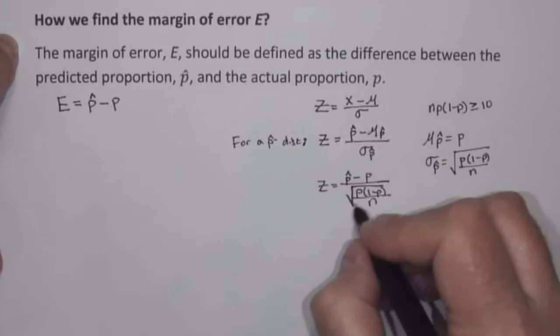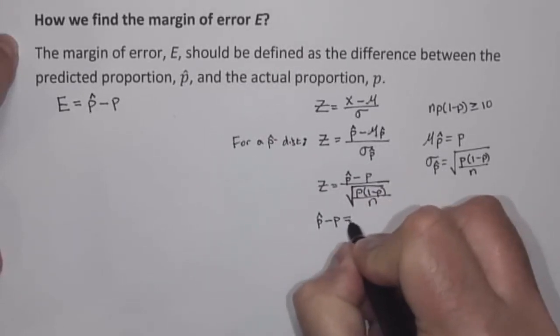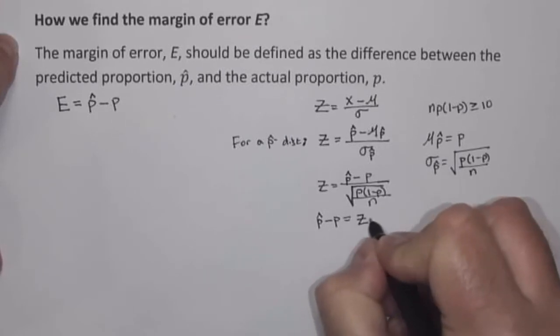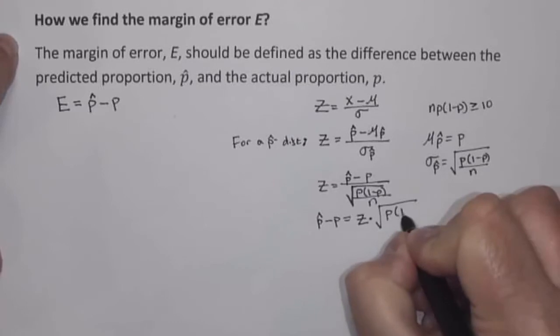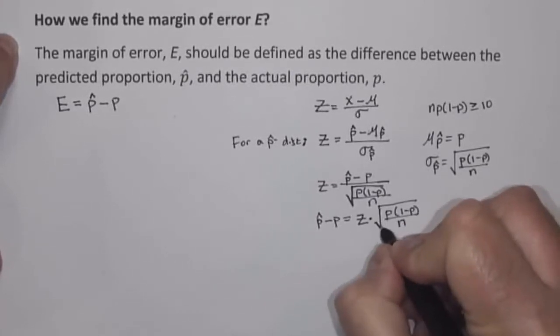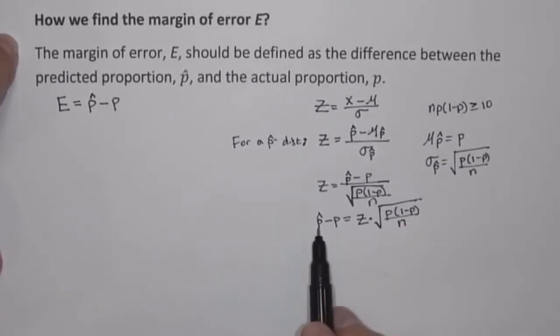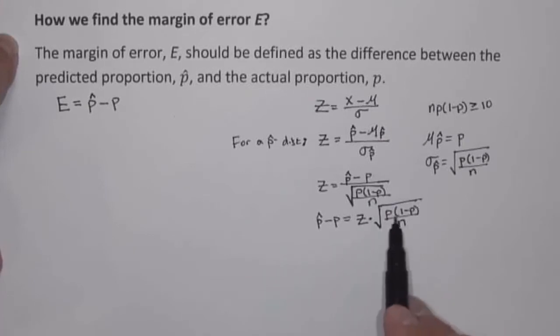So that means then that if I take p hat minus p, that should equal z times the square root of p times 1 minus p over n. So p hat minus p equals this z-score times the square root of p times 1 minus p over n.